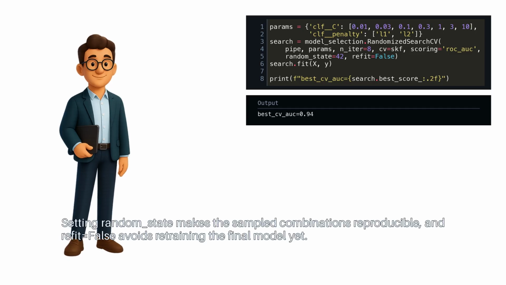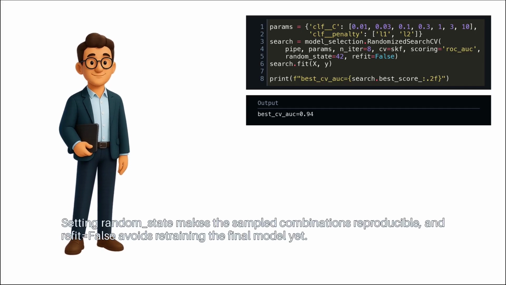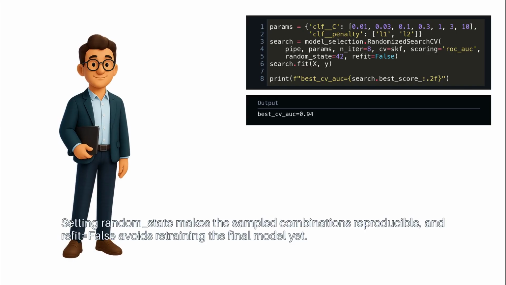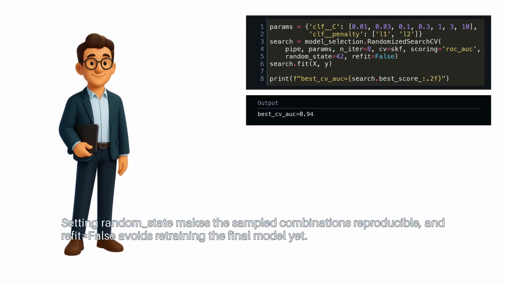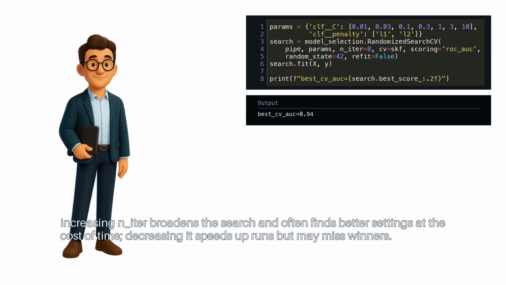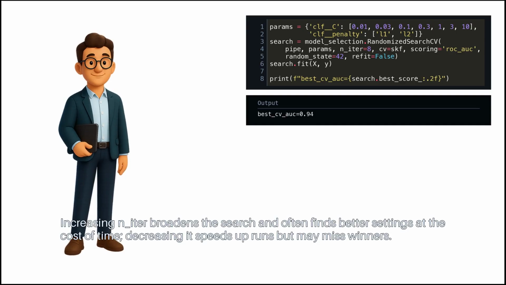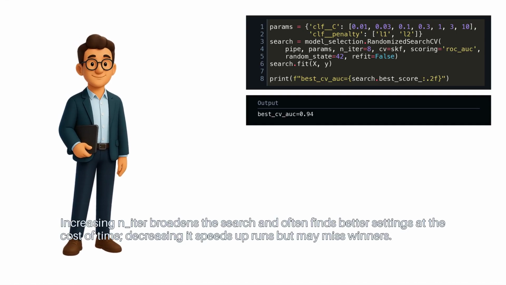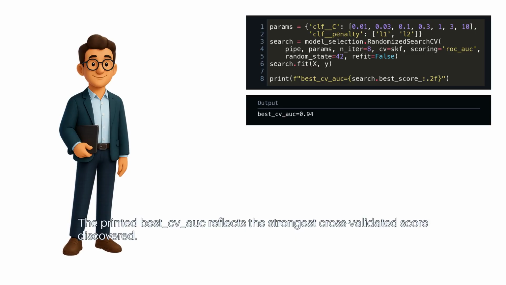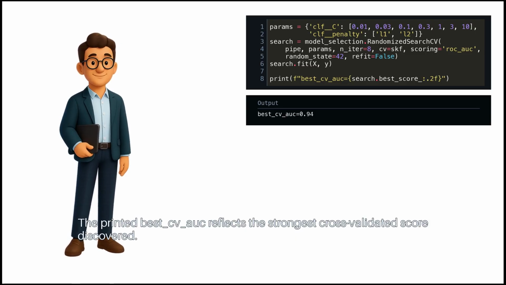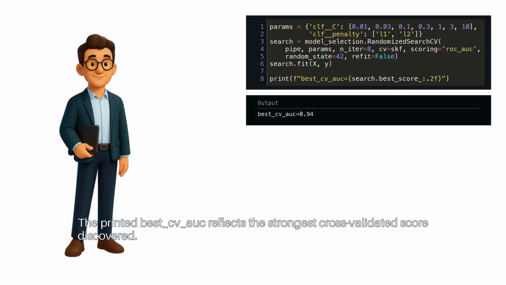Setting random_state makes the sampled combinations reproducible, and refit=False avoids retraining the final model yet. Increasing n_iter broadens the search and often finds better settings at the cost of time. Decreasing it speeds up runs but may miss winners. The printed best CV AUC reflects the strongest cross-validated score discovered.